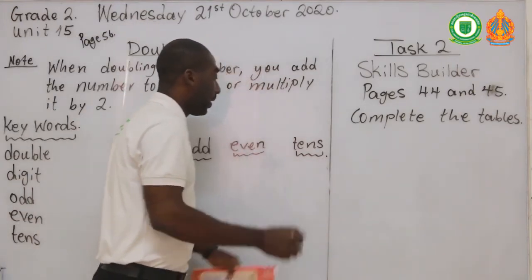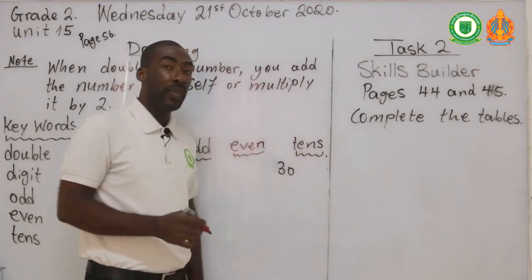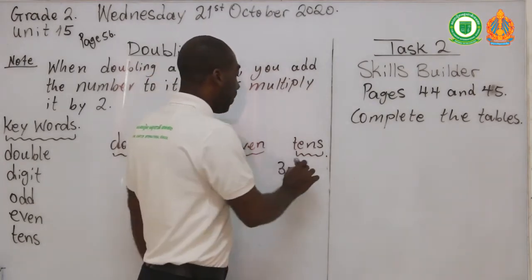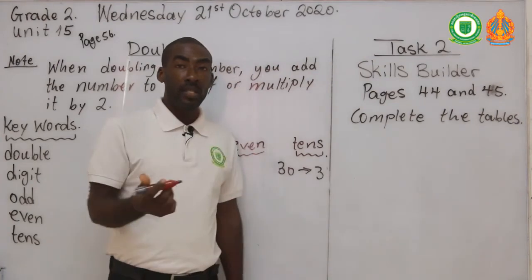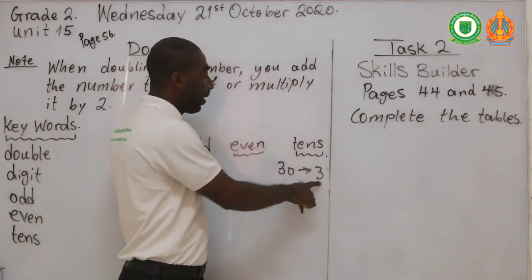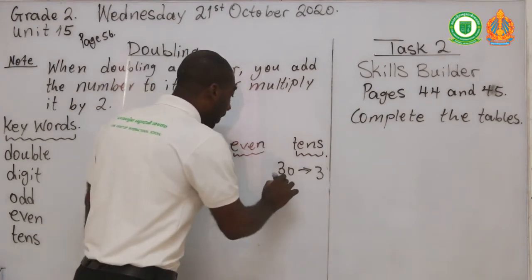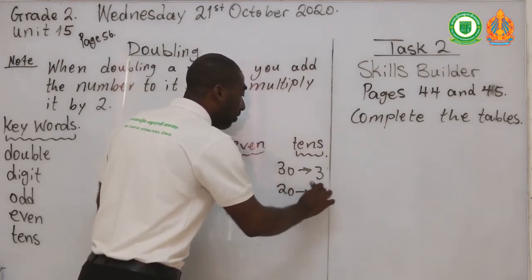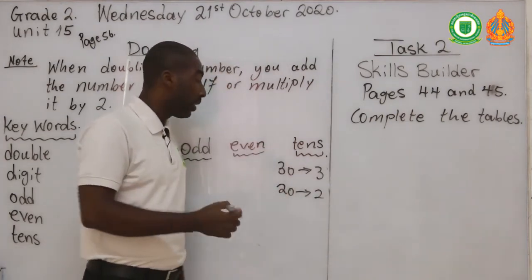We bring our 30 down here. So how many tens do you have in 30? It means that we'll have 3 tens. So 3 tens is equal to 30. If we have 20, it means that we have 2 tens making up 20, and it goes on like that.